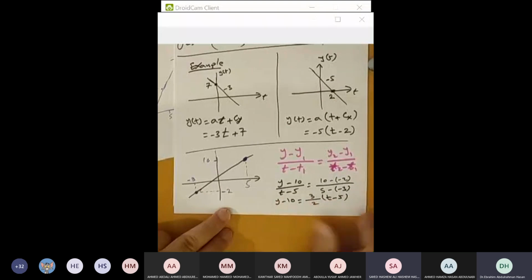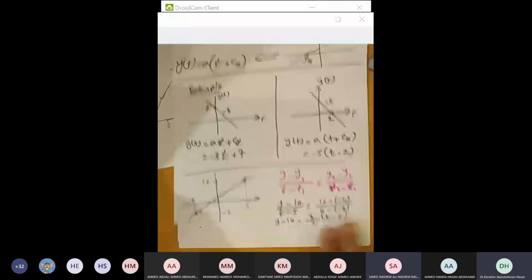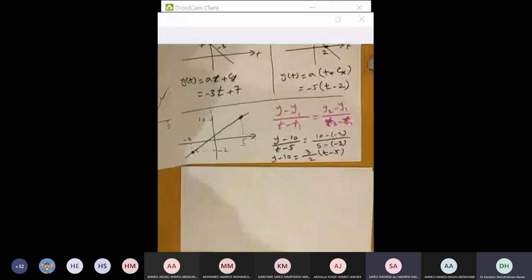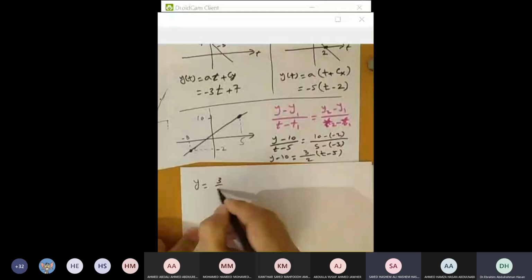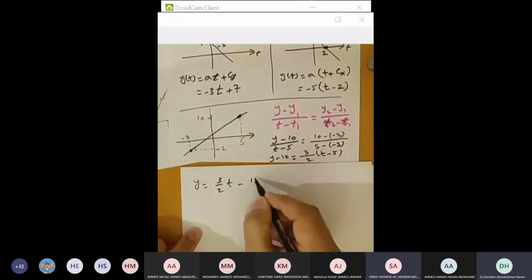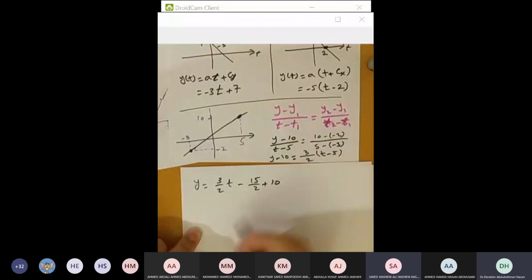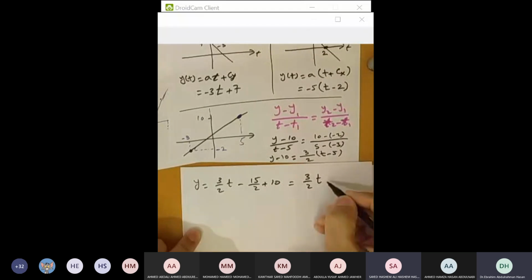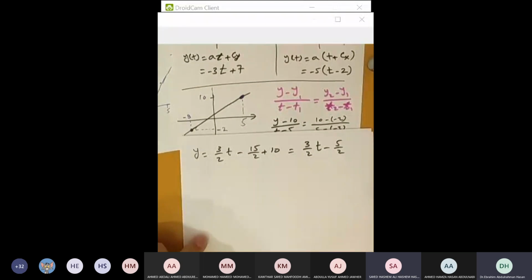All you need is to put it in standard form, which is y equal to 3 over 2 t, minus 15 over 2 plus 10. So it is equal to 3 over 2 t, 10 minus 5 over 2.